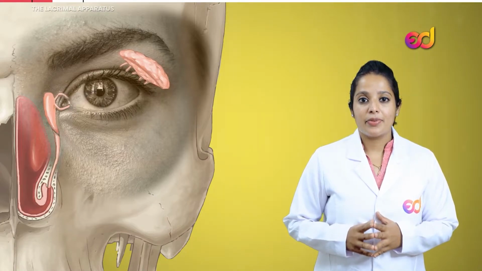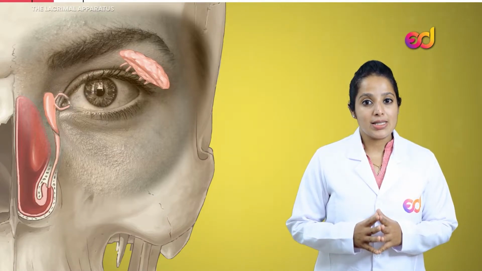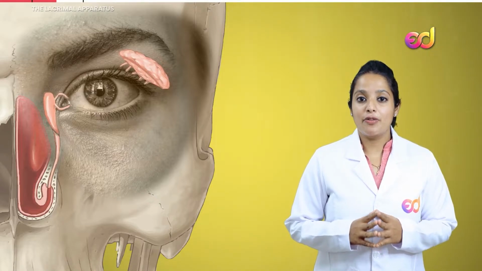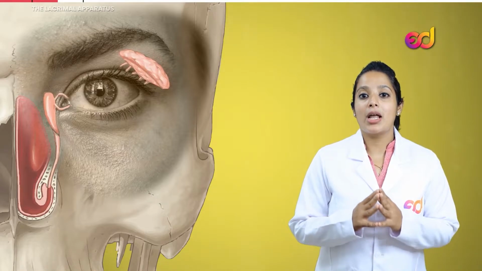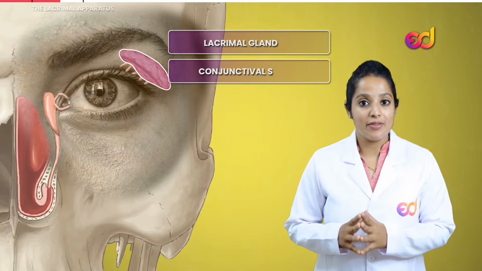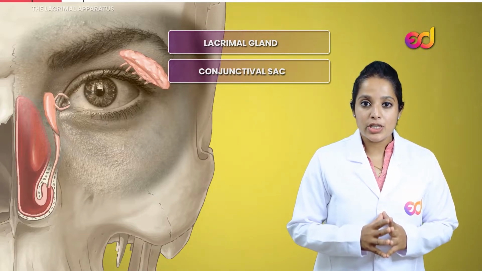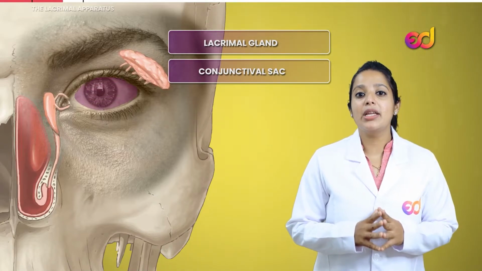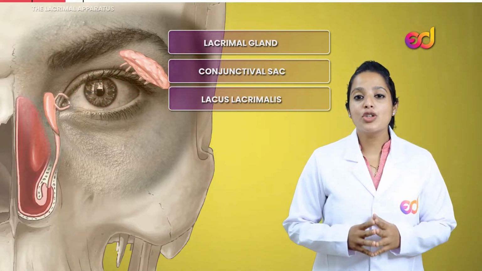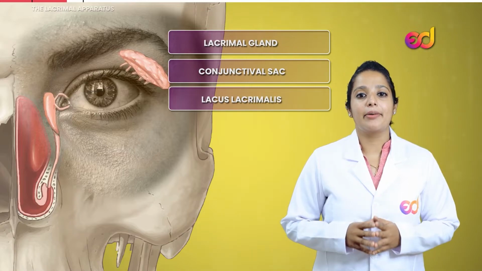Let's start. The place where a river begins is called its source. Similarly, in the case of lacrimal fluid, it is secreted from our lacrimal gland and it is then poured into the conjunctival sac. This fluid travels downward and medially until it reaches the lacus lacrimalis, also known as the lacrimal lake.